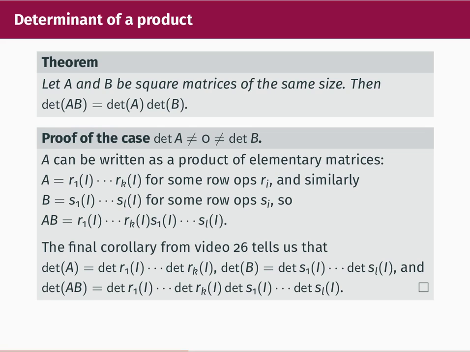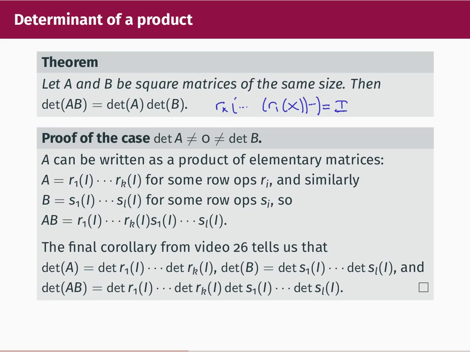Remember that we have shown before that any invertible matrix is equal to a product of elementary matrices. As I say, we've done this before, but I'm just going to remind you why that's true. If you've got an invertible matrix, say X, then there is a sequence of row operations, let's say R1 up to RK, which when you do them to that matrix X, gets you to the identity.